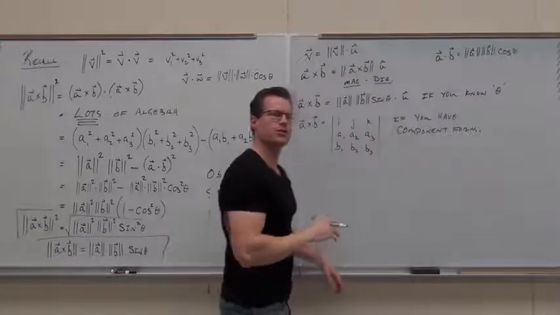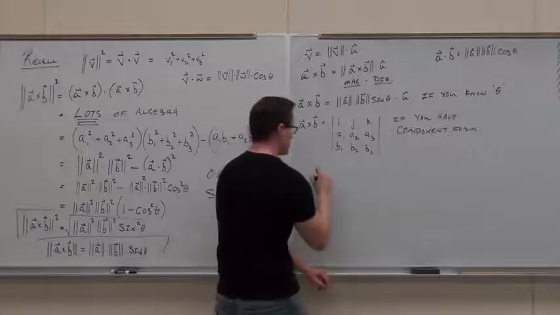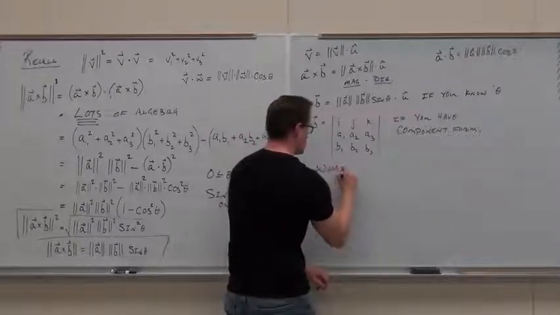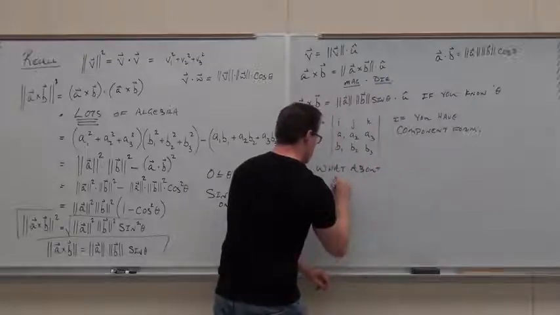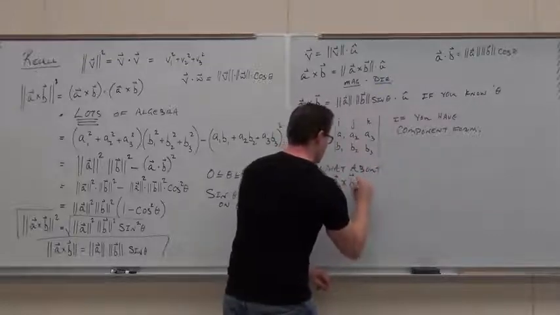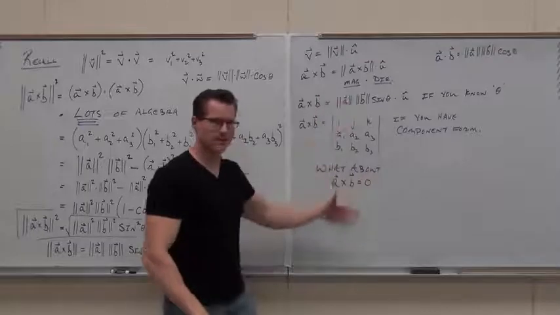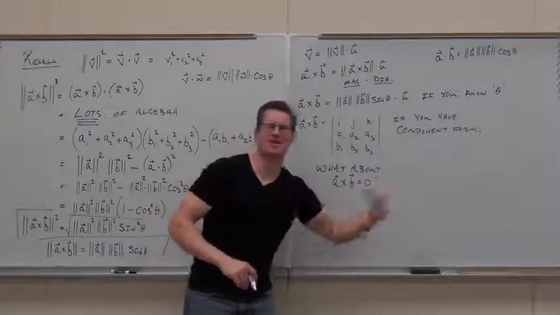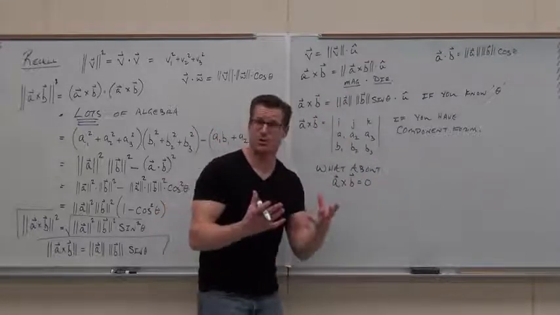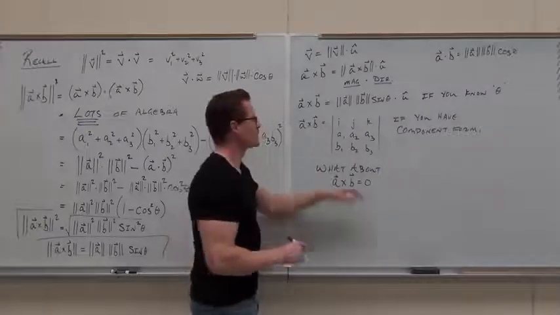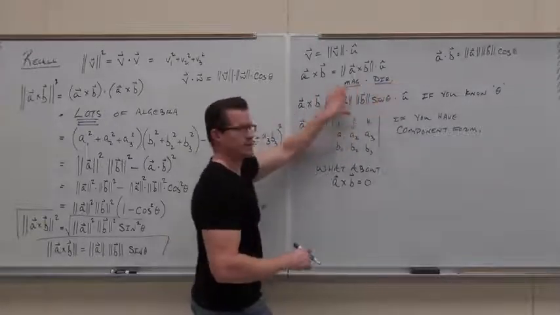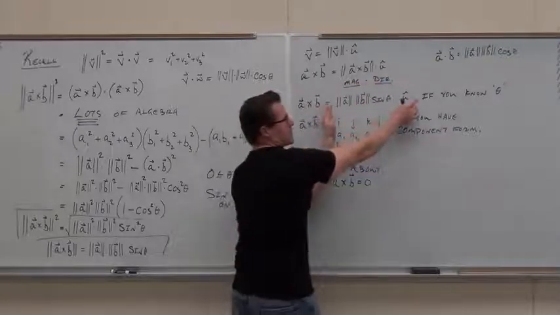What happens if the cross product is 0? The whole reason why we did this was so I can prove this little piece right here, but it's pretty neat. If the cross product is 0, this is the cross product.